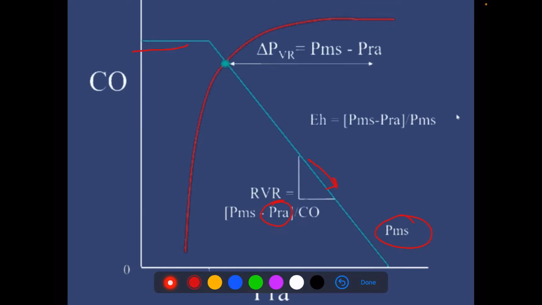The difference between the mean systemic pressure and the right atrial pressure gives us the venous return flow, that is the driving pressure for the venous return. This is the calculation for the elastance of the venous vessels, which is the mean systemic pressure minus the right atrial pressure divided by the mean systemic pressure.